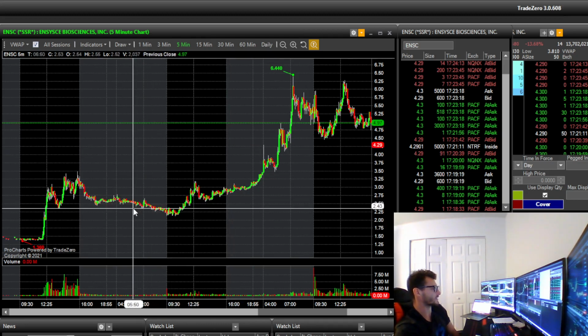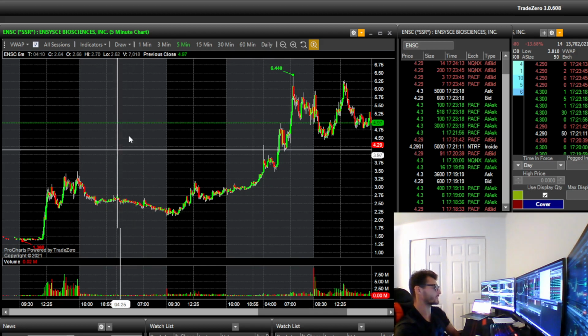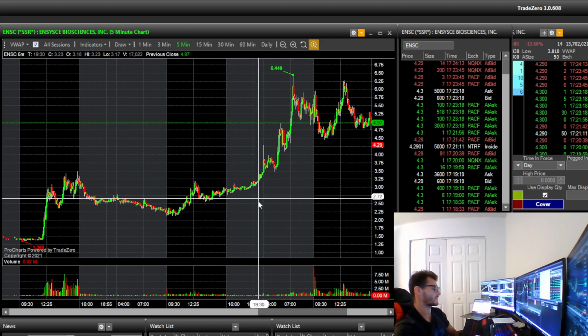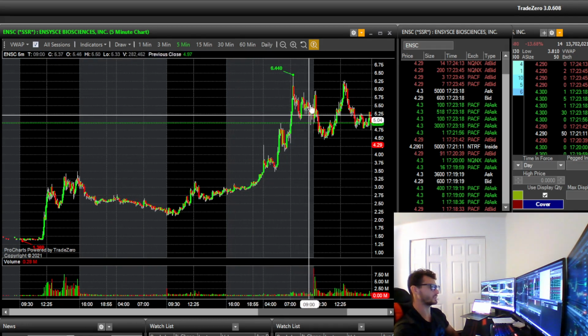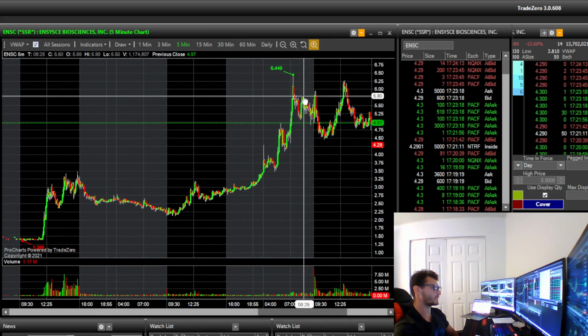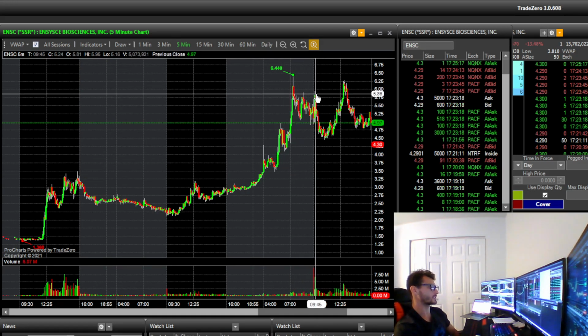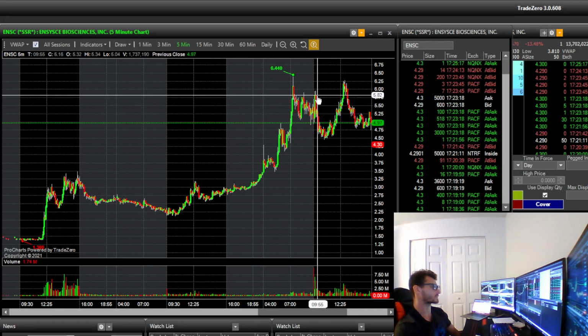Shorts never really got a chance to cover their position if they were looking for a swing. So there's a lot of people stuck in this. You can assume a lot of this action here is shorts getting blown out, meaning getting bought in by the brokers.